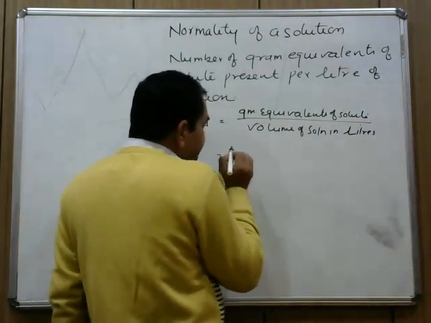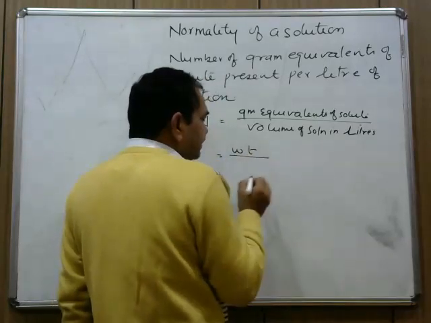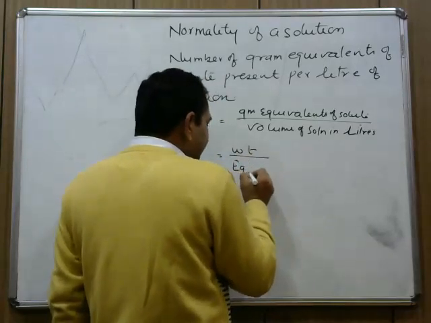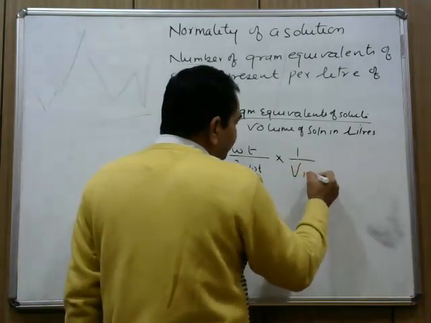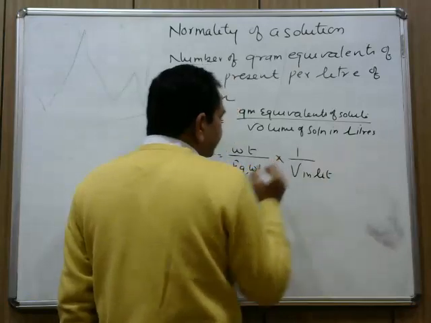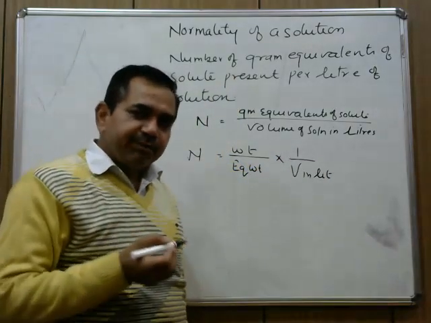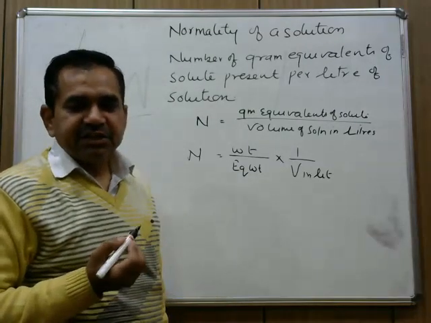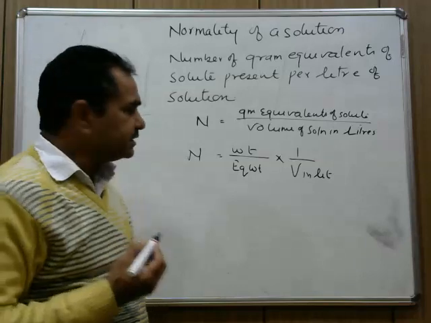Now gram equivalents are given by weight divided by equivalent weight, into 1 upon volume in liters, and as I told, liter is a very big unit, and in general we don't use liters for routine calculations.